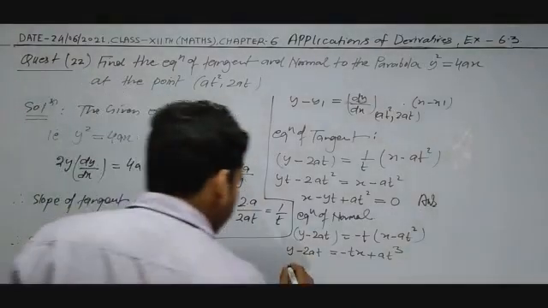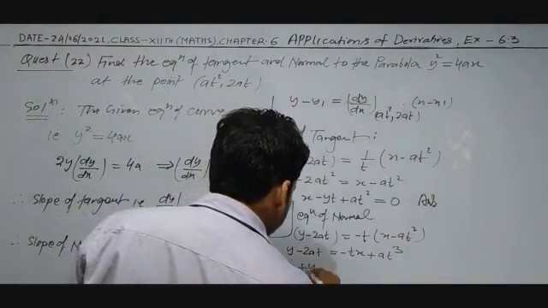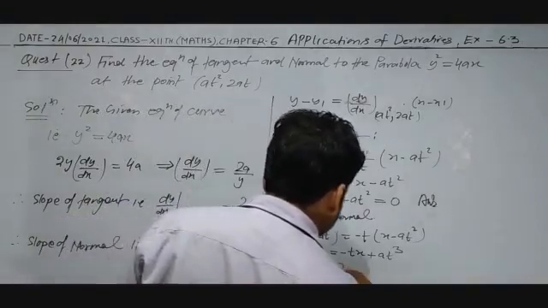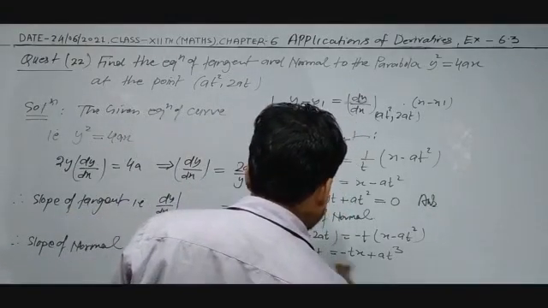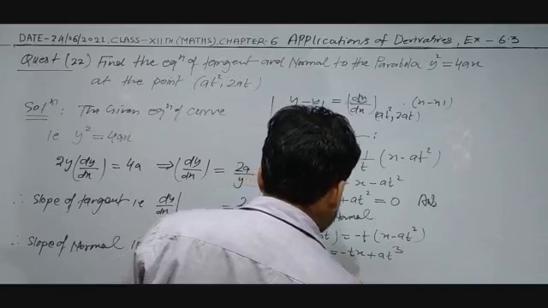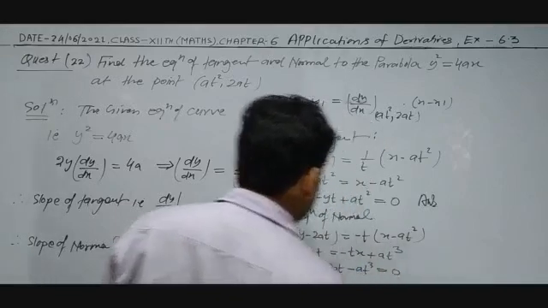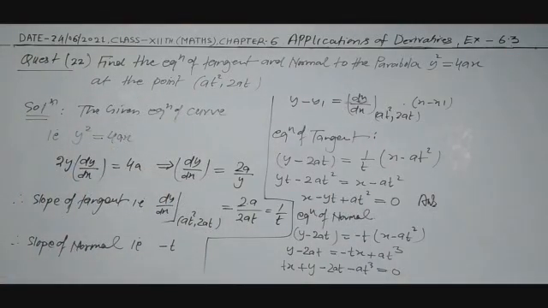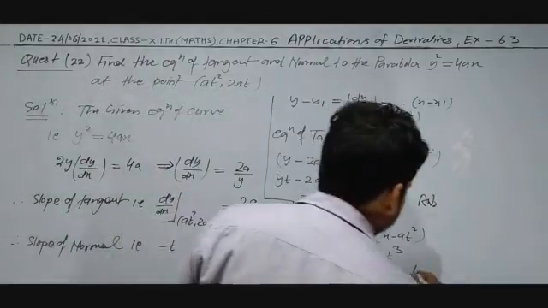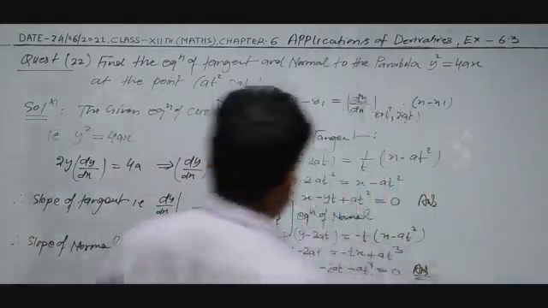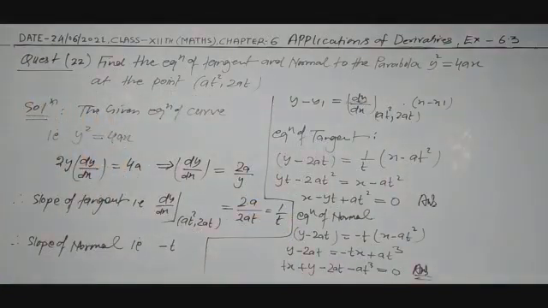Then the result is tx plus y is equal to 2at plus at cube, or you can write tx plus y minus 2at minus at cube is equal to 0. This is the equation of normal. So this is the answer: the equation of tangent and the equation of normal.